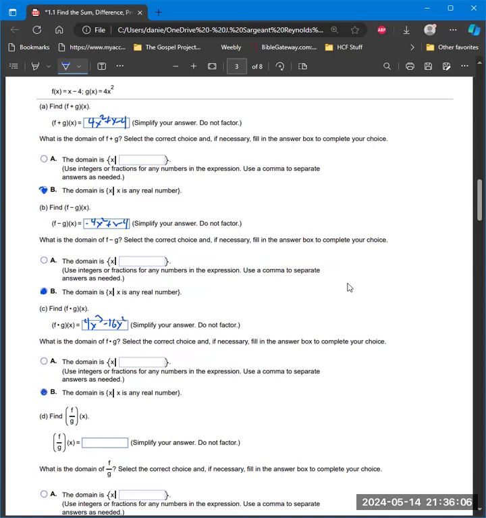And f over g is going to be x minus 4 over 4x squared, and its domain will be restricted. The x is not allowed to be equal to 0.